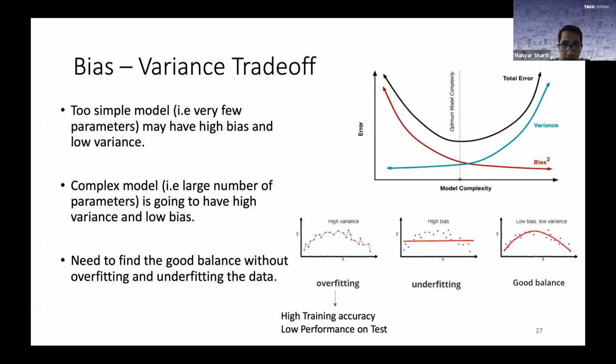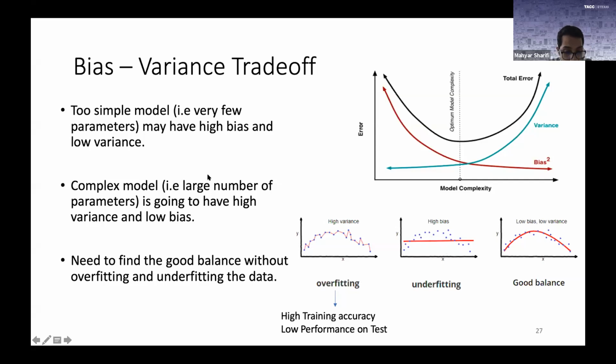Essentially, it tells whether our model is correct when compared to the ground truth. If you have a high bias model, your model is too simple, and that means it's most likely going to underfit. It's in an underfitting situation.